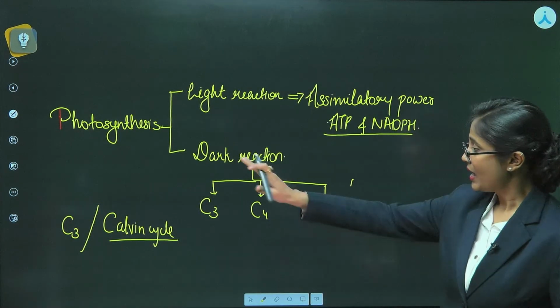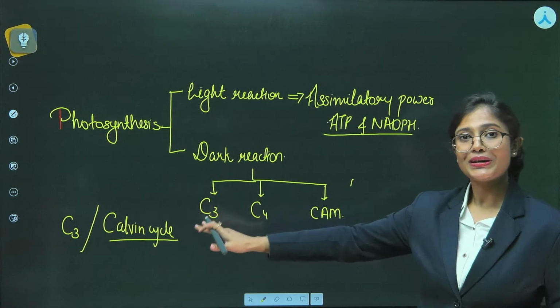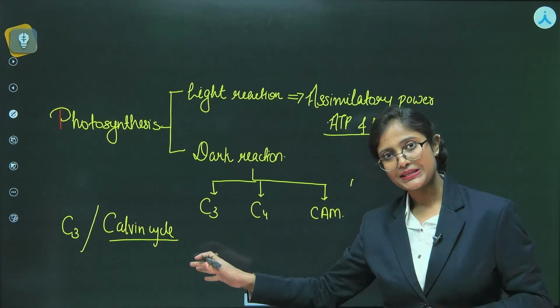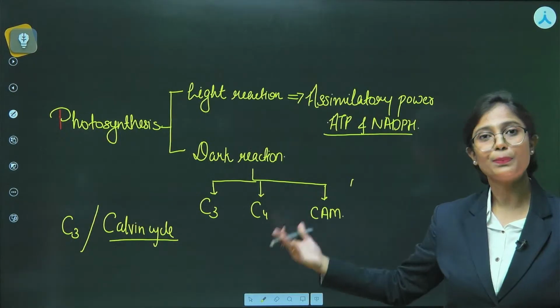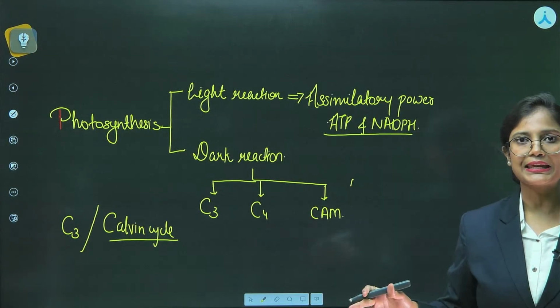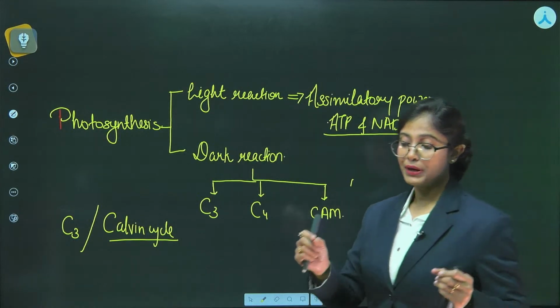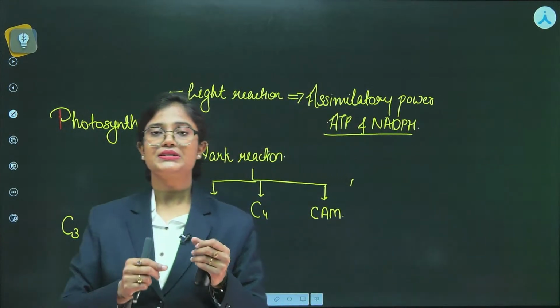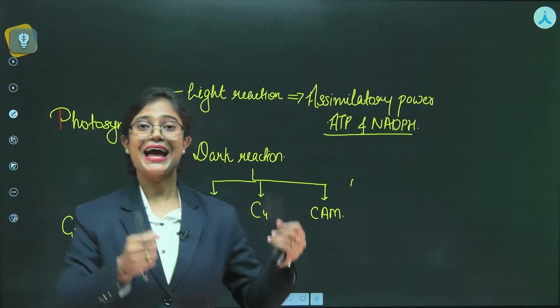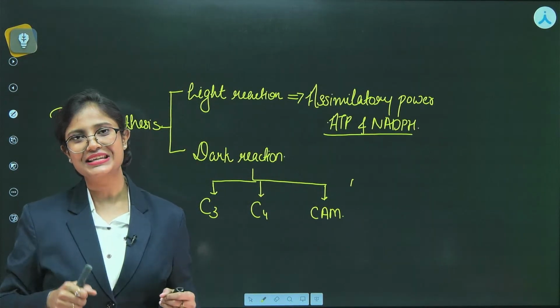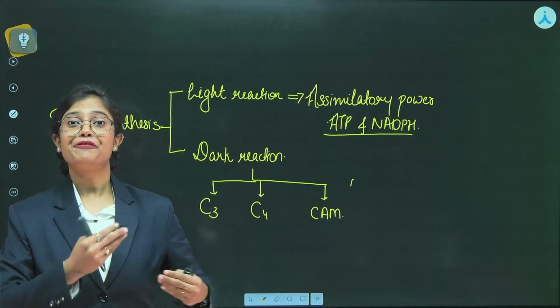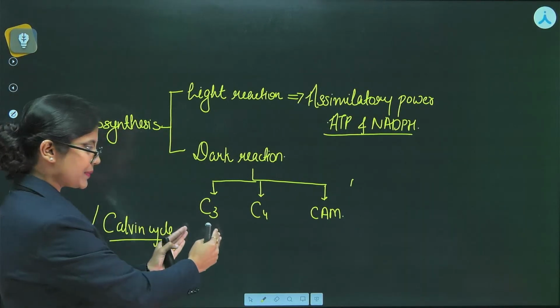Okay. In C3 plants, only C3 cycle takes place, and if we talk about C4 plants, along with C3 cycle, Hatch and Slack pathway is also there. Why? Because it has adapted to certain conditions so that it can assimilate the carbon dioxide from the atmosphere efficiently. इसमें कुछ कमियां रह गई होंगी.